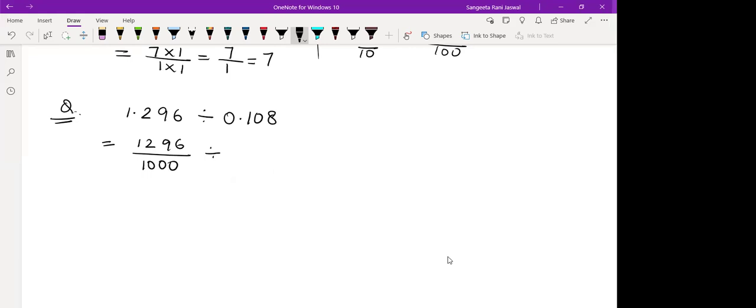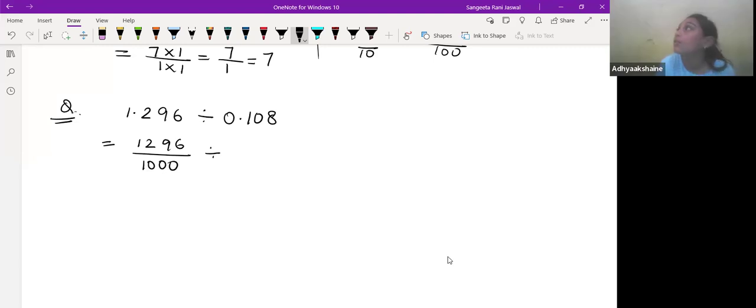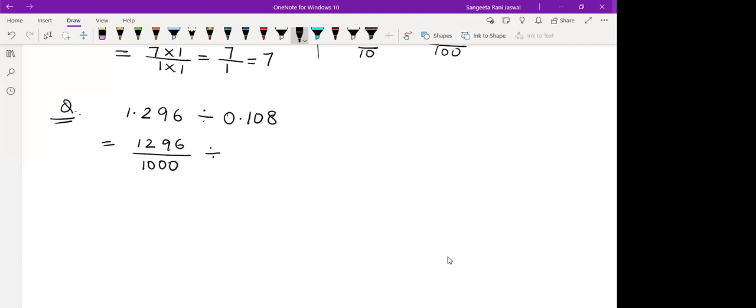Now convert this number to a fraction form. Yes, say. Don't turn off your video, please. Yes, tell me the fraction form.